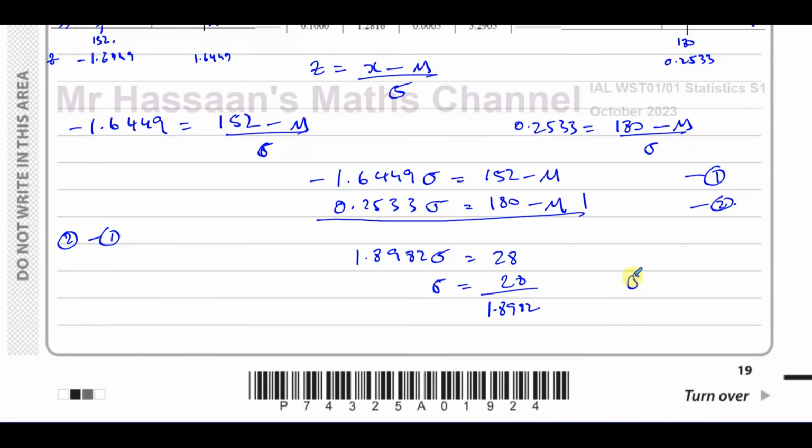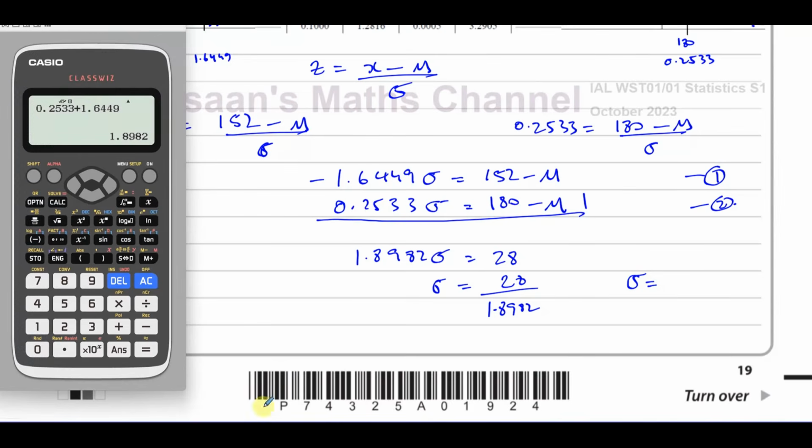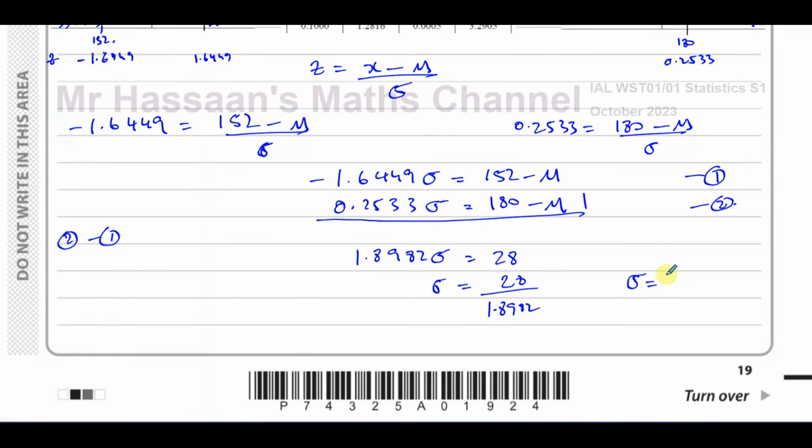So sigma is therefore equal to 14.7508. We should round in the end to 3SF, so 14.8, that's sigma.